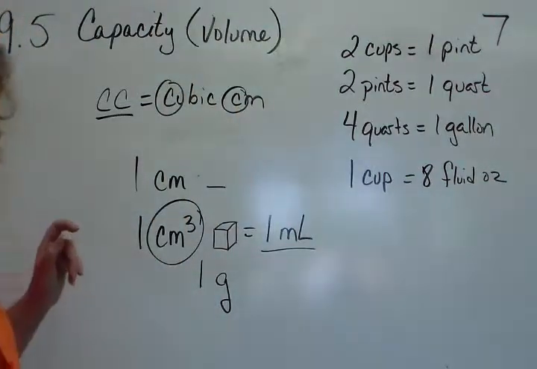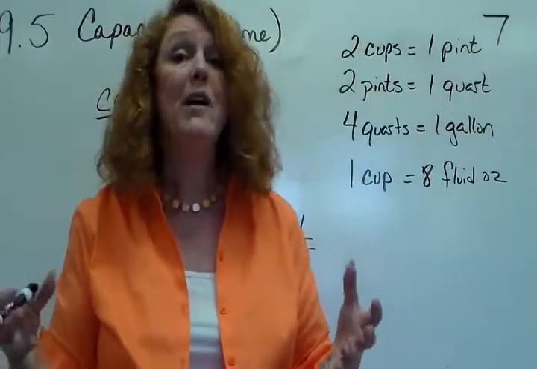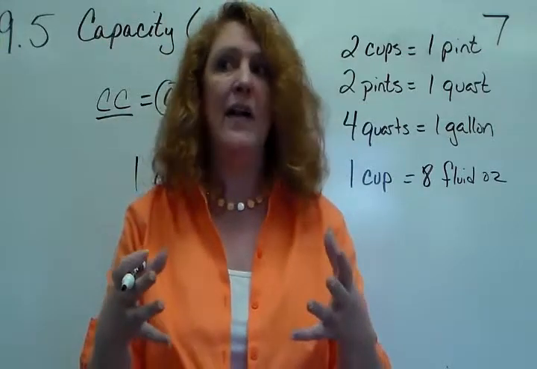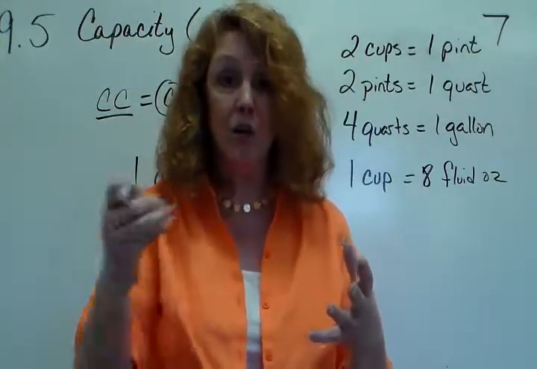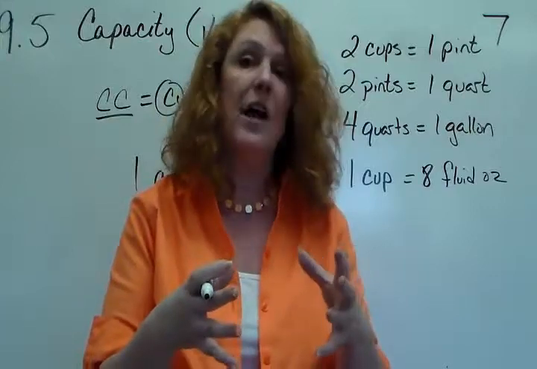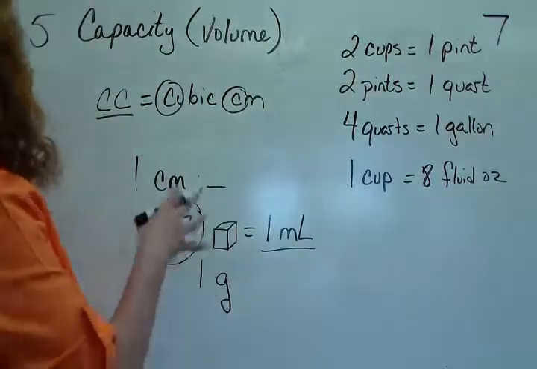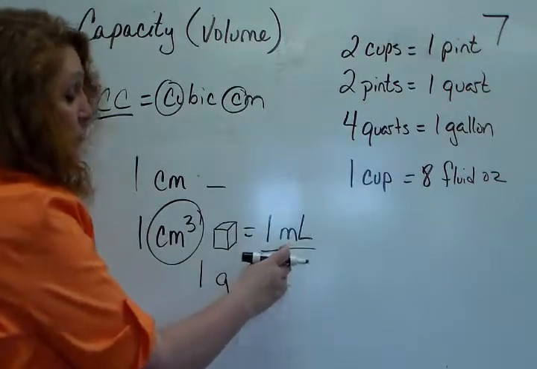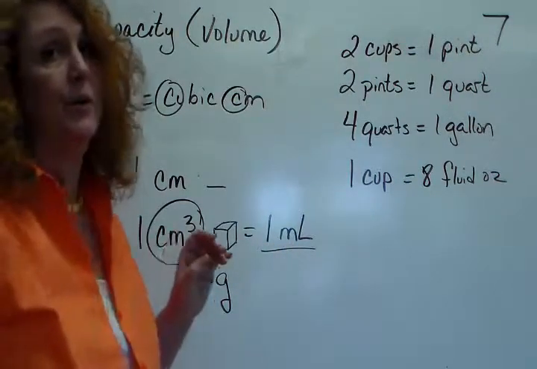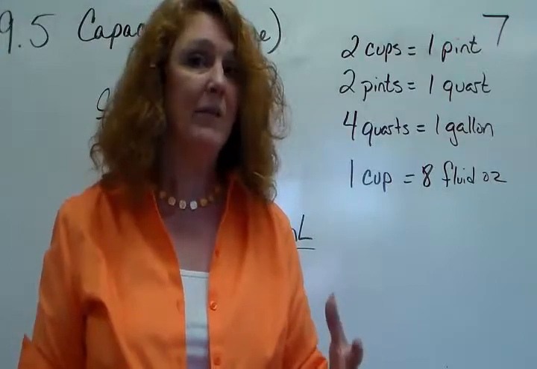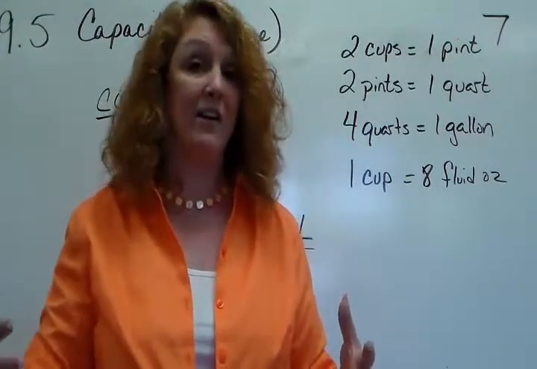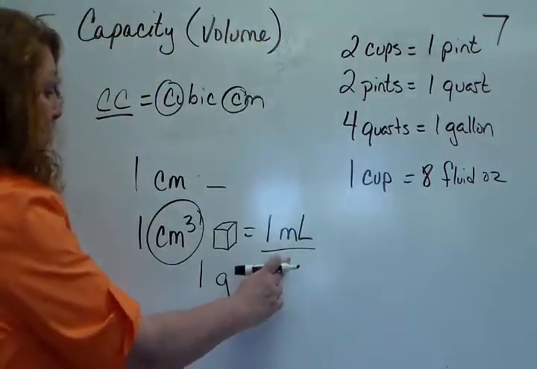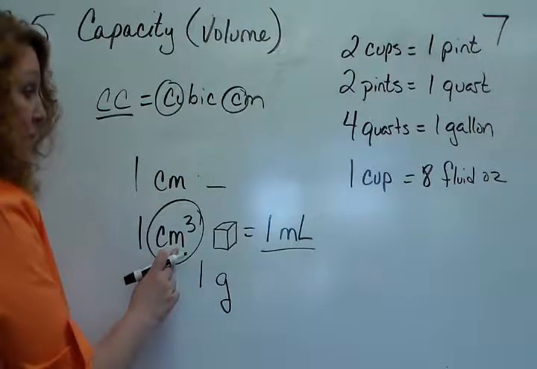And so when you have a large container of a liquid and they want to figure out how many doses are in that large container, they have to break down their capacity into how many cubic centimeters or how many milliliters it will hold. So if you figure out milliliters and they want a medical answer, whatever the milliliter is, it's the same number for cubic centimeters.